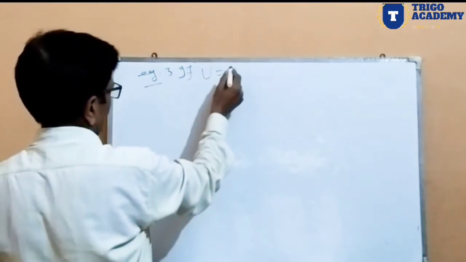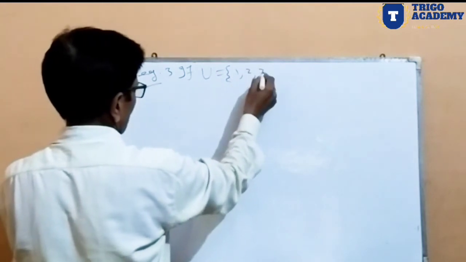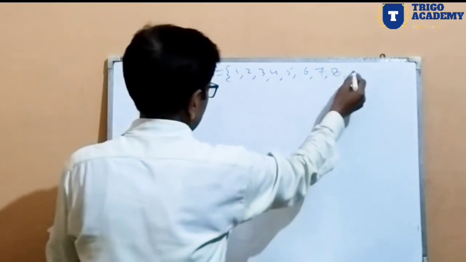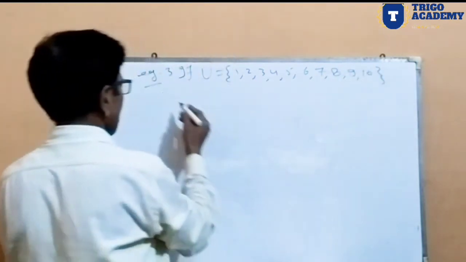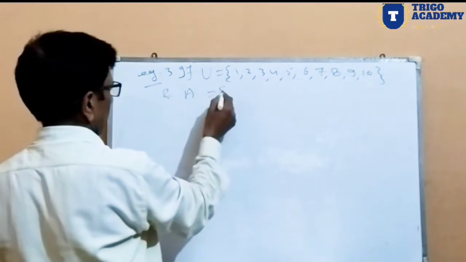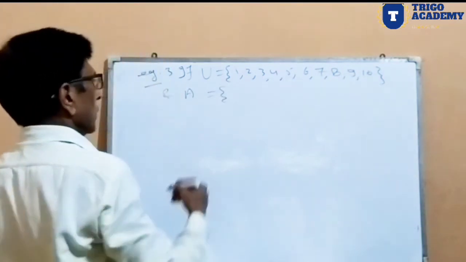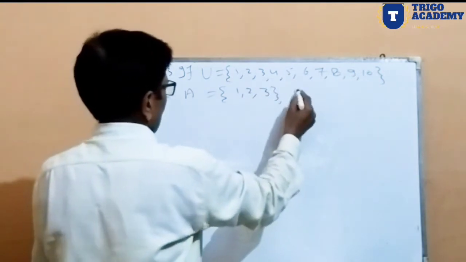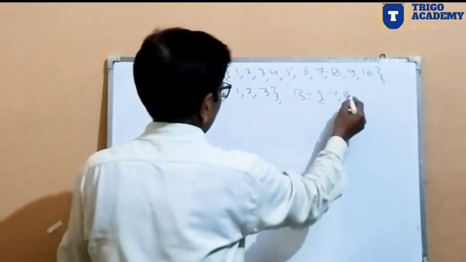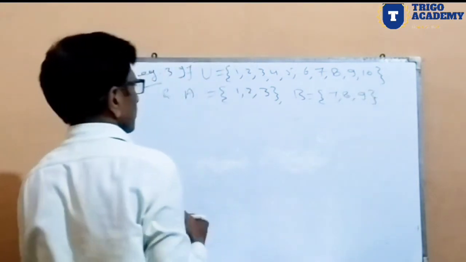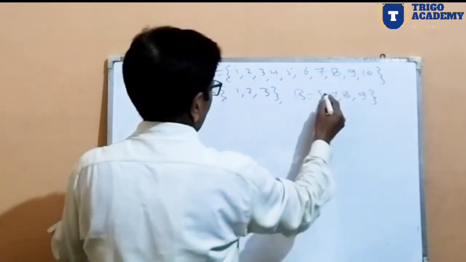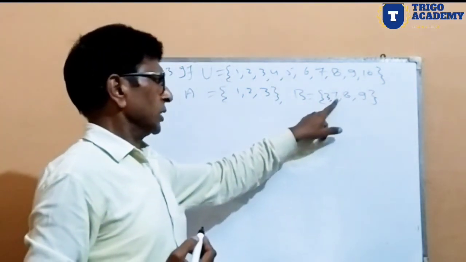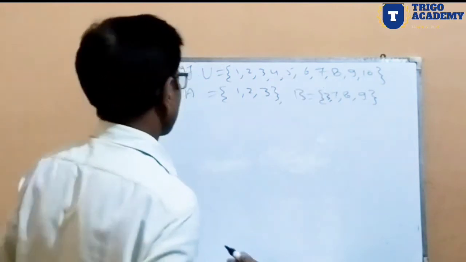If capital U equal to 1 2 3 4 5 6 7 8 9 and 10, capital A equal to 1 2 3, and capital B equal to 3 7 8 9.